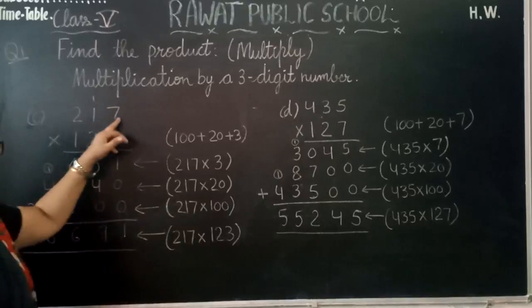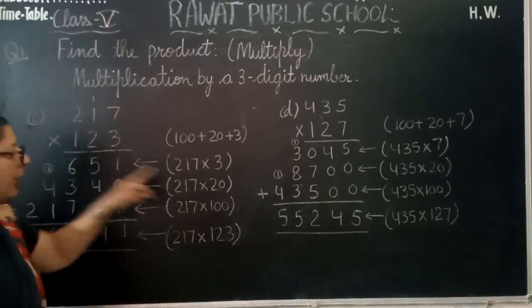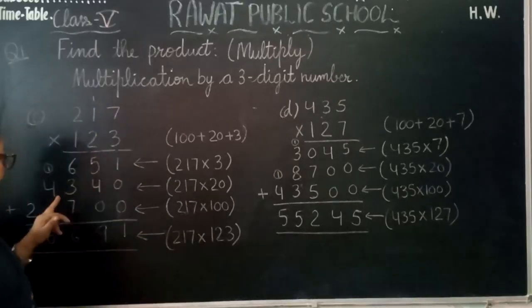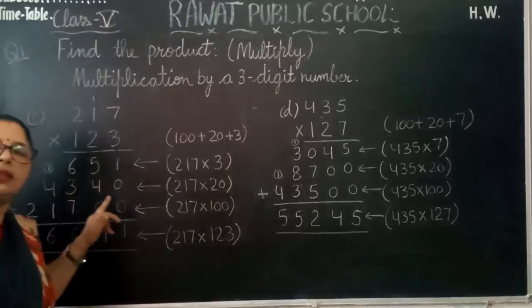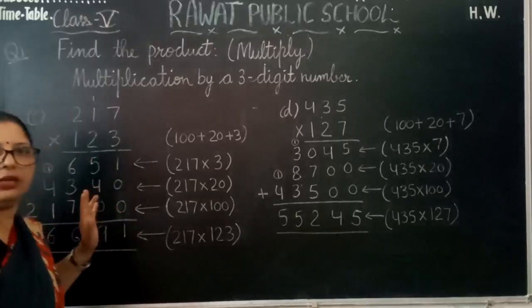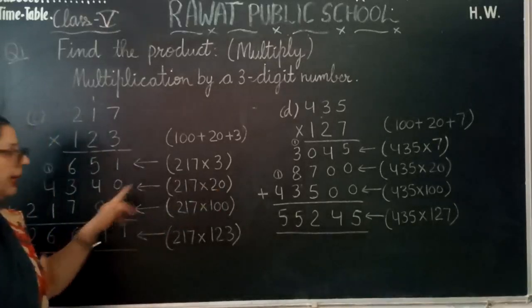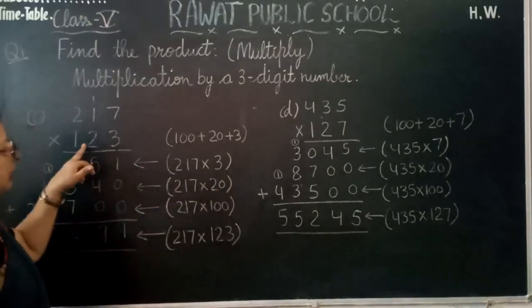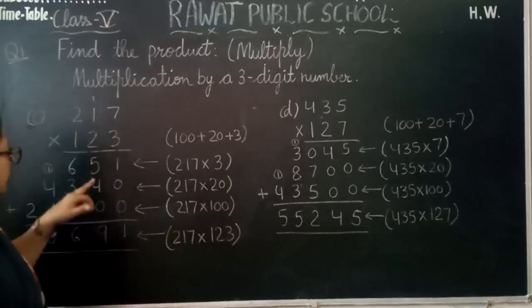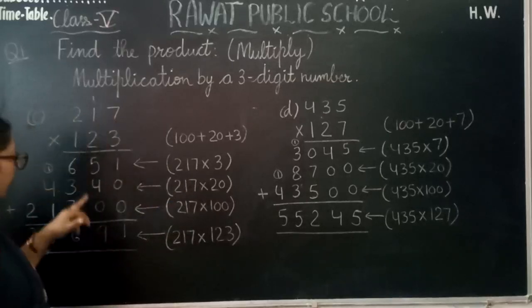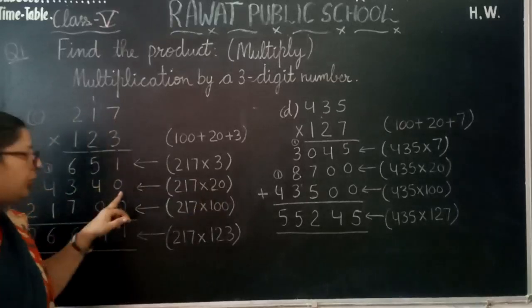So 217 multiplied by 20, the answer is 4340. Okay students, we put this 0 here, then this is only 2, so 217 multiplied by 2 and we put 0 here.